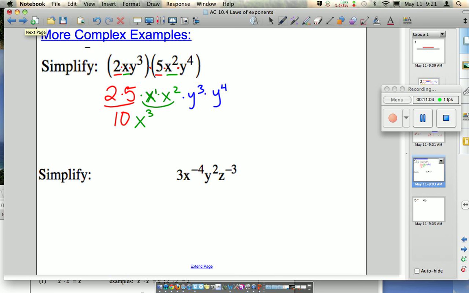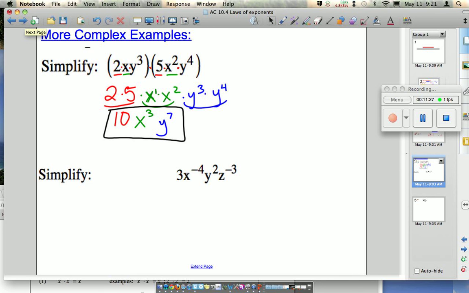I've added the exponents and used the first law that you learned about. And the final one, the y's. How many y's do I have? I have 7 y's being multiplied. So y to the 7th. So my simplified answer is 10x to the third, y to the 7th. There's my solution. I've simplified and written this in a more simple way.